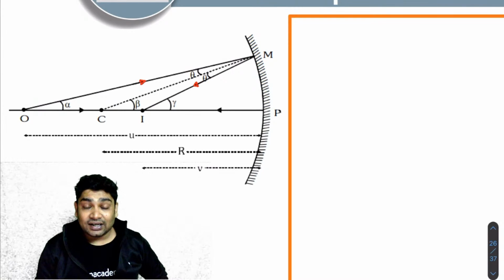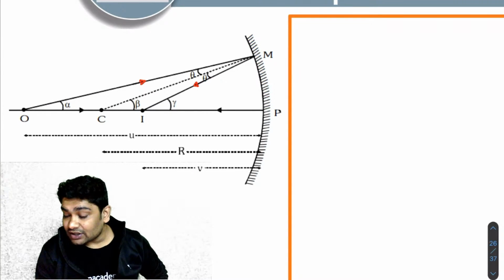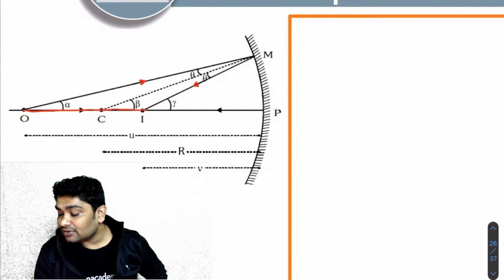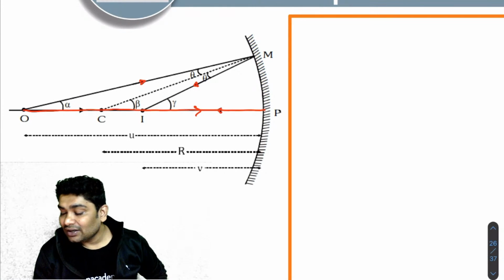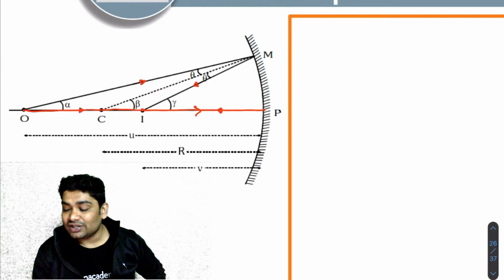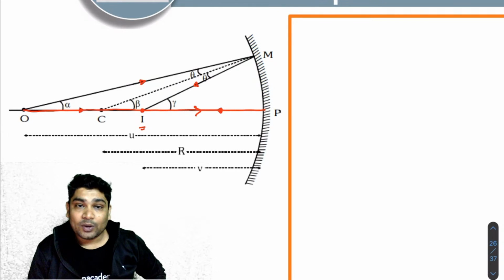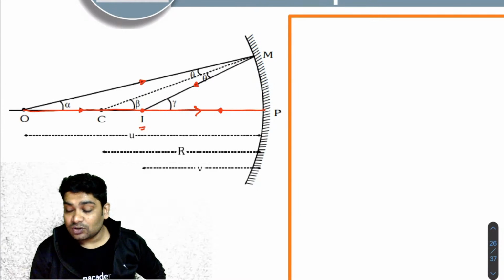And another ray is incident just like that on the pole. After reflection, it will come back, and these two rays are intersecting at this point. So this is where you would have had the image, which has been denoted as I. The object is denoted as O.